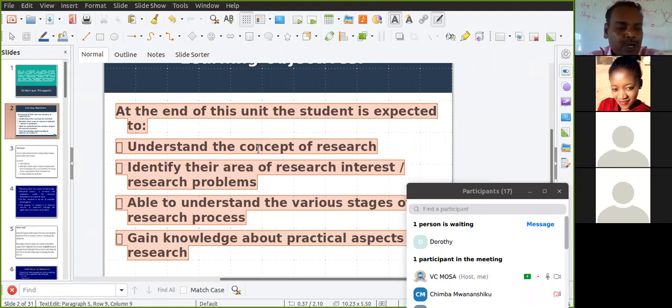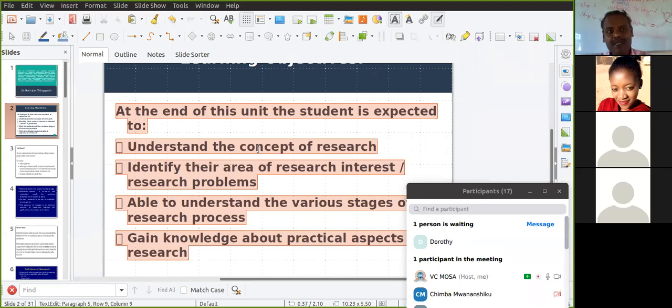Then you need to be able to understand various stages of the research process. The one I explained, there are 14 steps. So you understand each and every step or stage of the research process. Each and every stage has connections. When you are finishing the statement of the research problem, then you're supposed to go for a research objective.